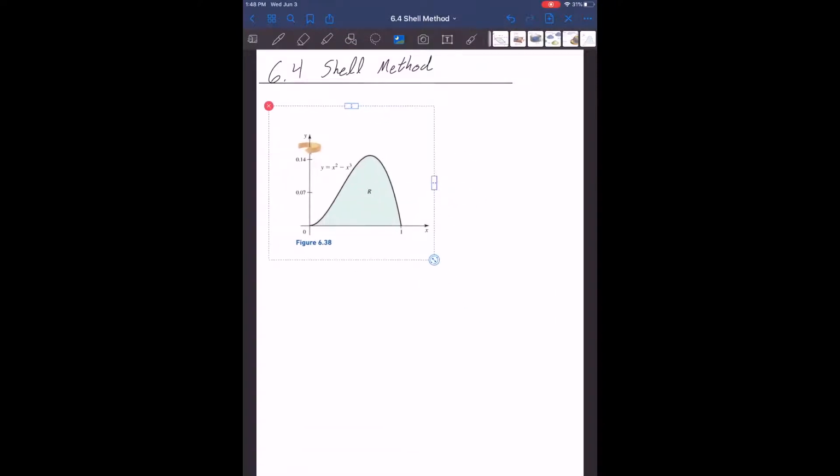So I'll pull up this picture right here. If we're revolving around the y-axis and trying to figure out the radius of our washers, we have a first radius R1 right here, while our second radius is R2. However, these are the same curve.